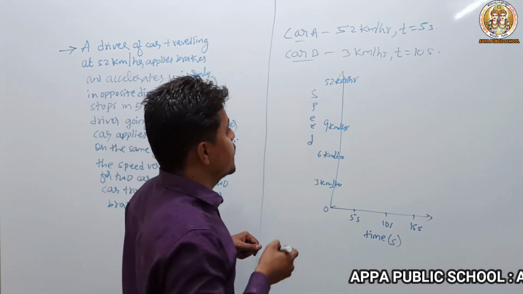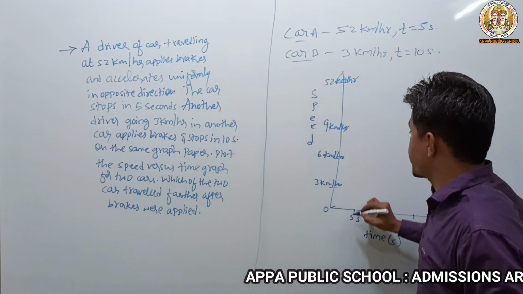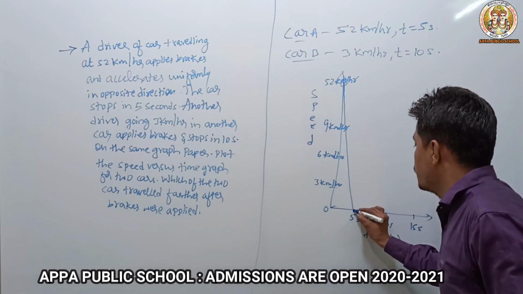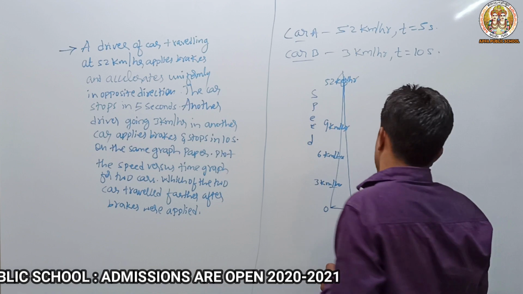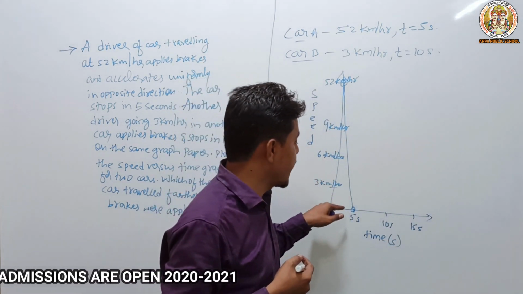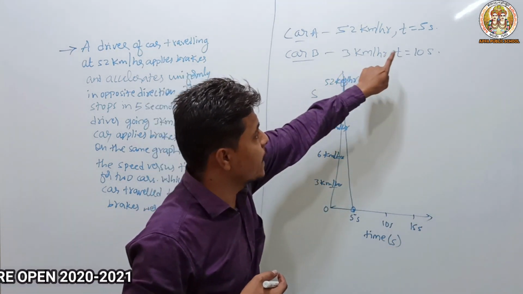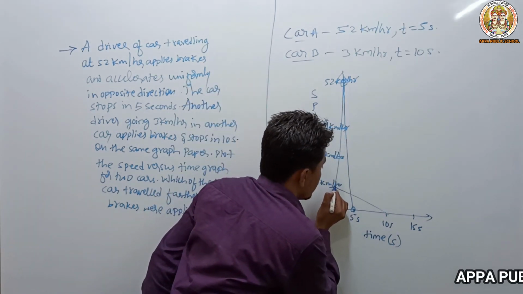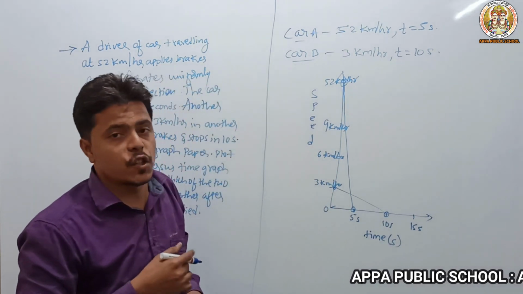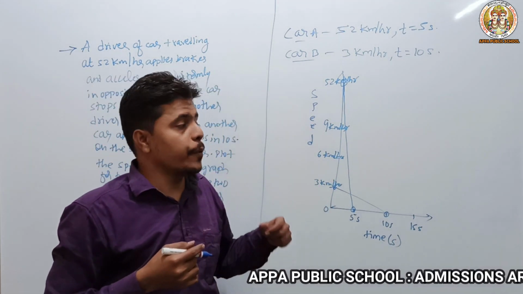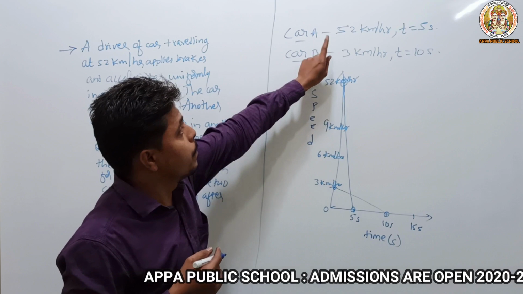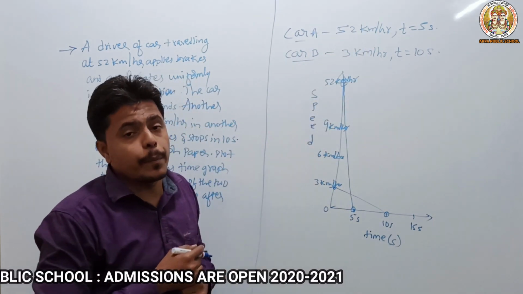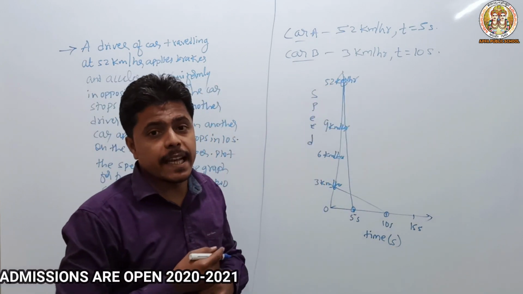Now you can see 52 kilometer per hour and time 5 seconds. This is one triangle, just roughly we are drawing, and this is another triangle from 3 kilometer per hour and time 10 seconds. So this is about the graph we have plotted for the car moving with 52 km per hour and time taken 5 seconds, and car B 3 km per hour and time 10 seconds.